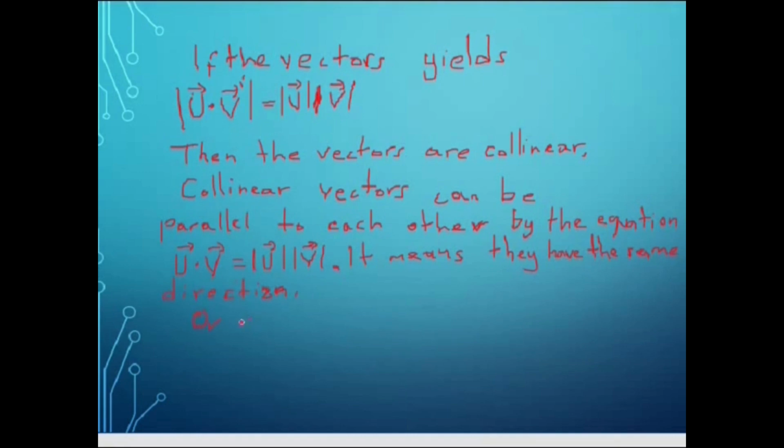Or the collinear vectors can have opposite directions by the equation: the scalar product of u and v equals minus 1 times the magnitude of u times the magnitude of v. So we call those vectors antiparallel.